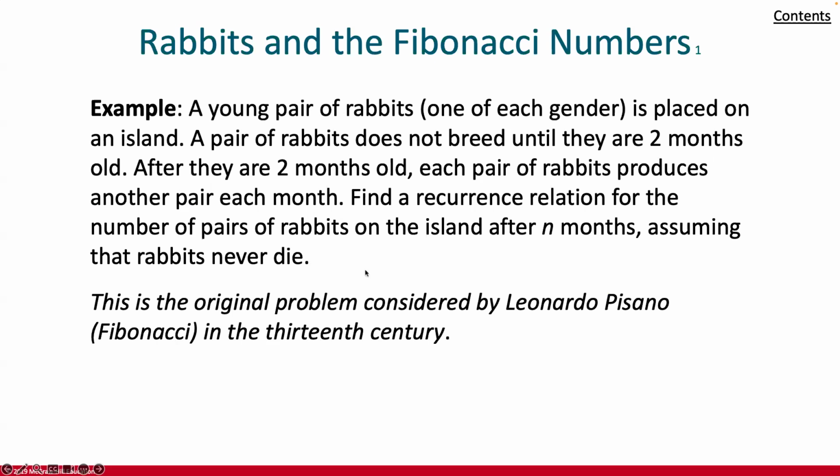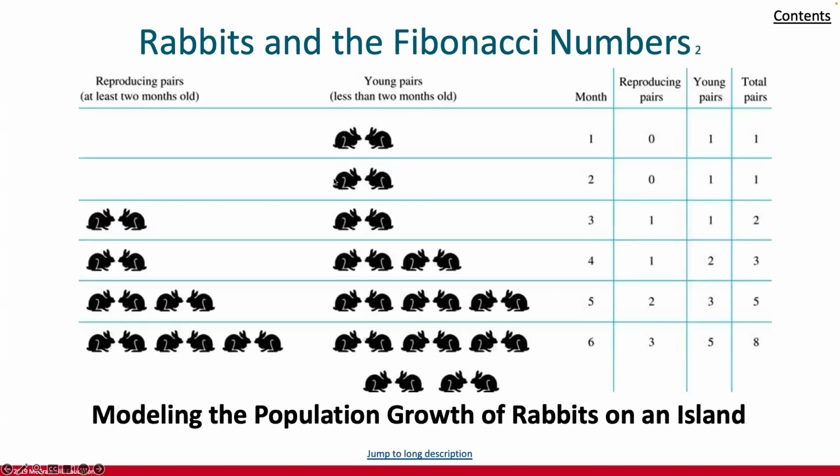And just to give some context, this is the original problem considered when we explored the Fibonacci sequence, which we'll get into again as we continue through this chapter. This was back in the 13th century. So this gives us an idea of what it would look like as we look over months.